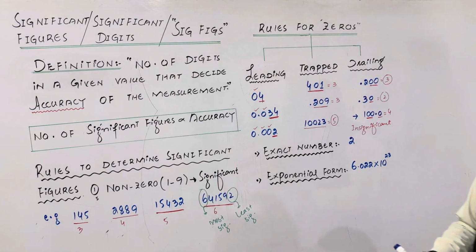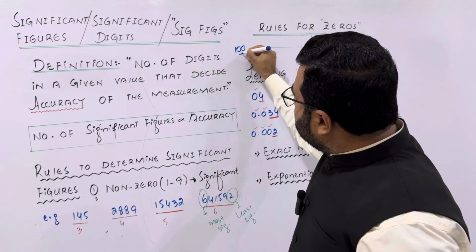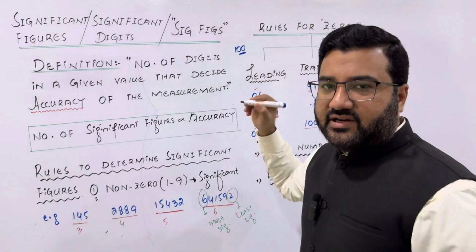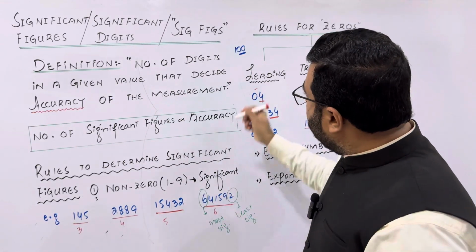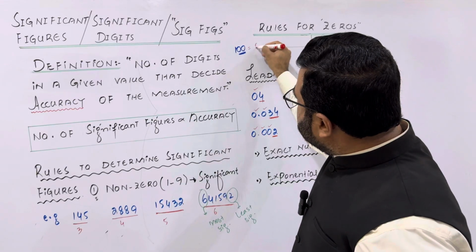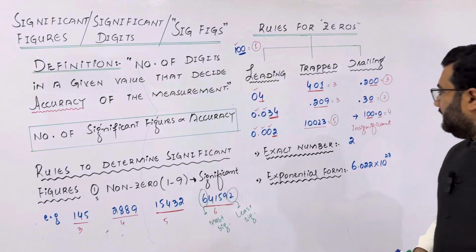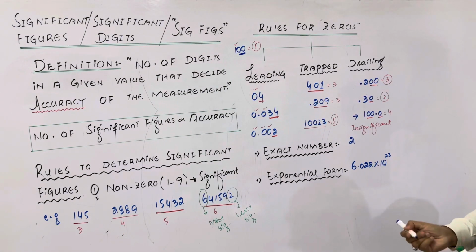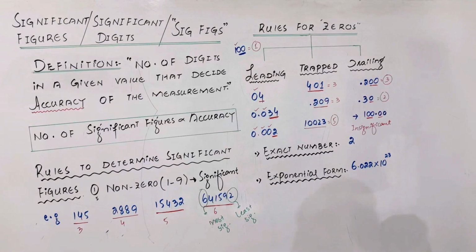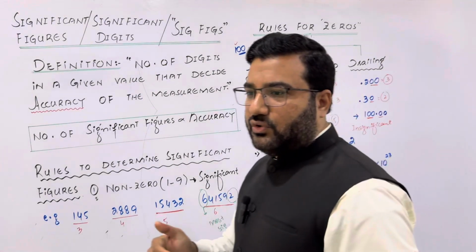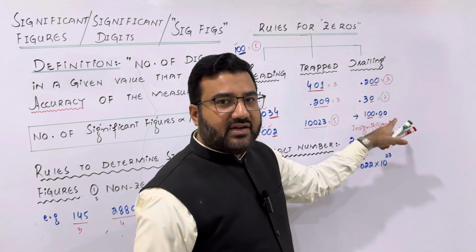But if it is written as 100 only, then these two zeros will be considered insignificant because there is still uncertainty in the value, and in 100 there will be only one significant figure, and that is this one. But if you keep increasing the zeros, like if you place another 0 here, this makes the value more accurate because now you have checked the value 2 points after the decimal.